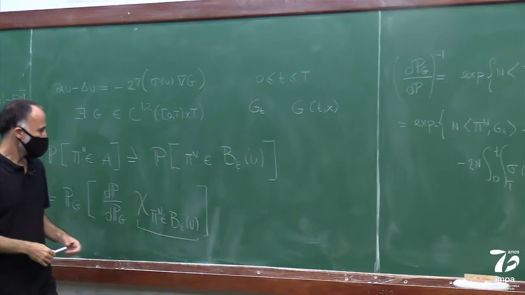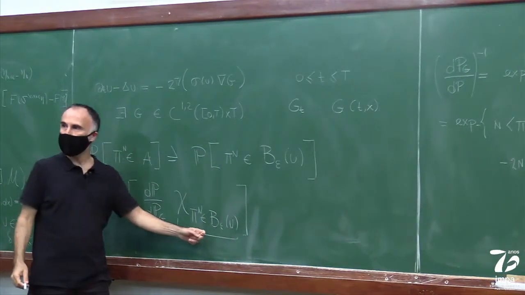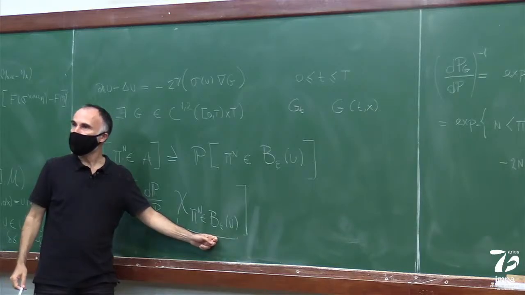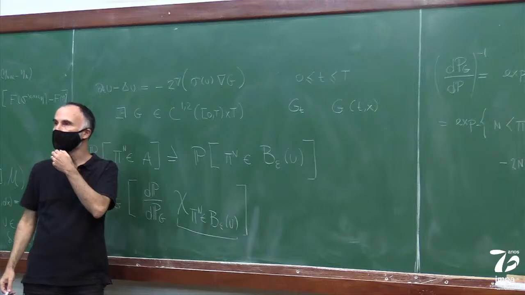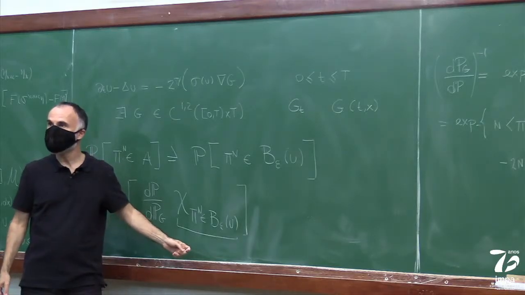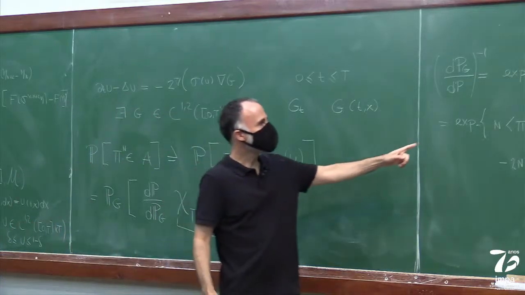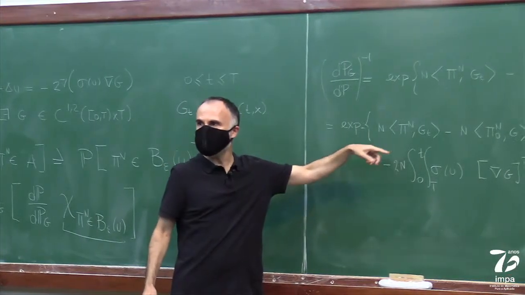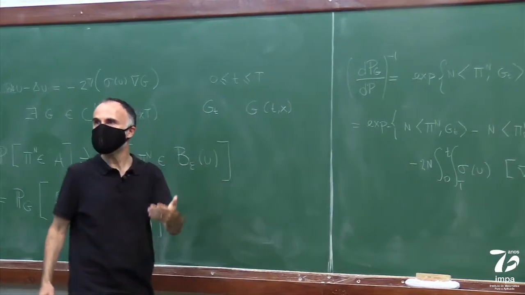Now I know that pi n belongs to this ball, so pi n is very close to u. So in this equation, I can replace pi n by u by paying a small price, an epsilon price.